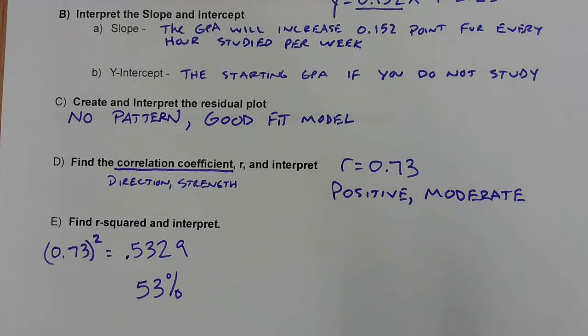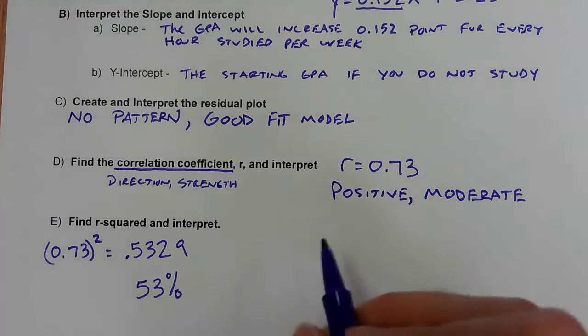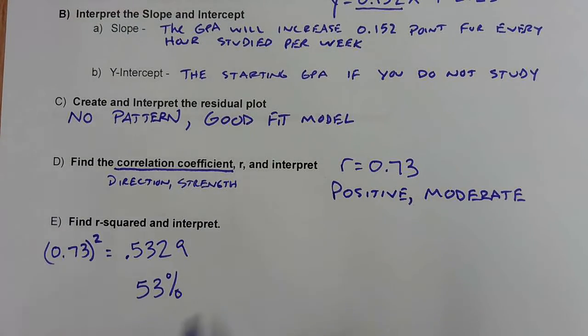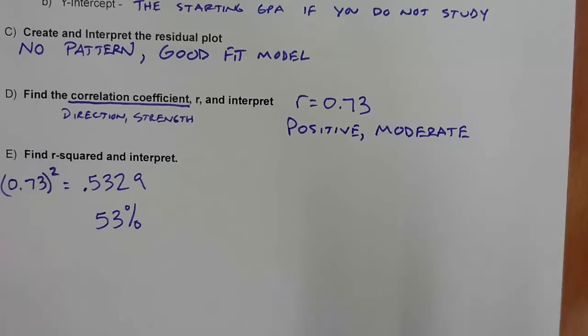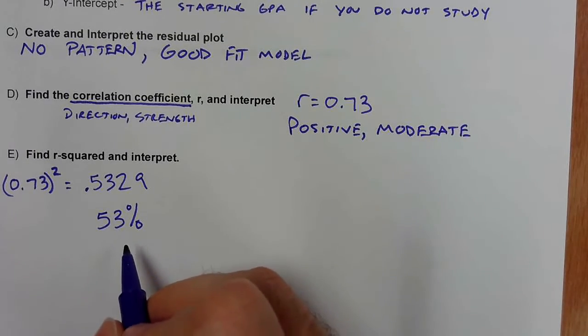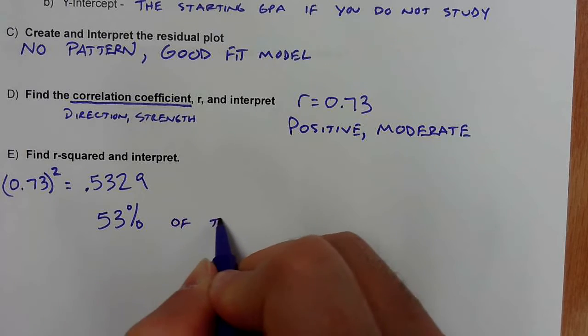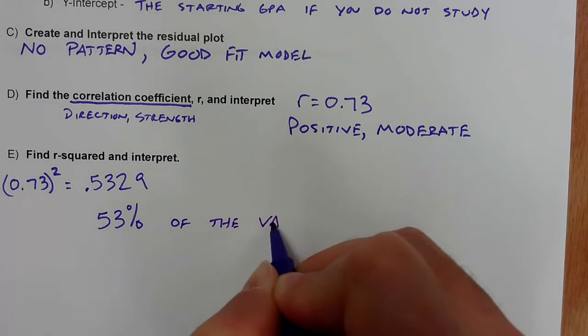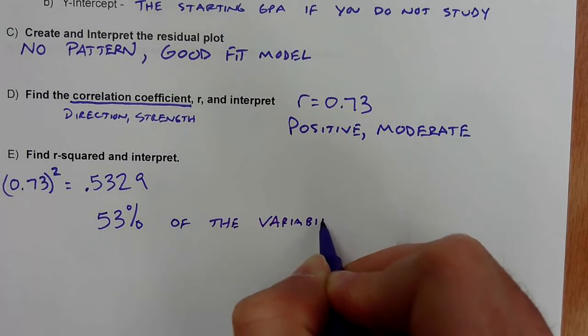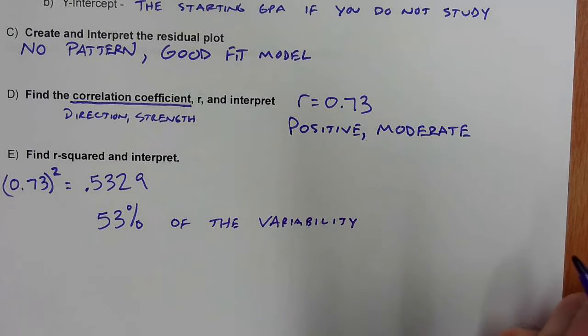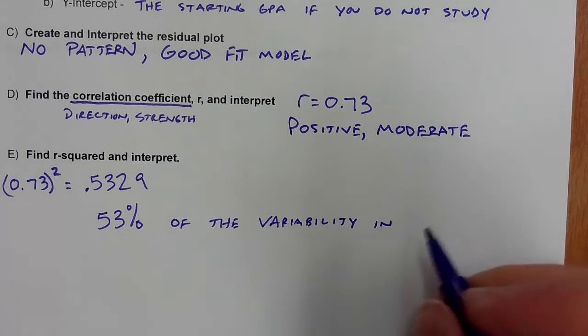To interpret, we're going to use our description. So we're going to say 53% of the variability, now we're going to use the dependent variable, which was GPA.